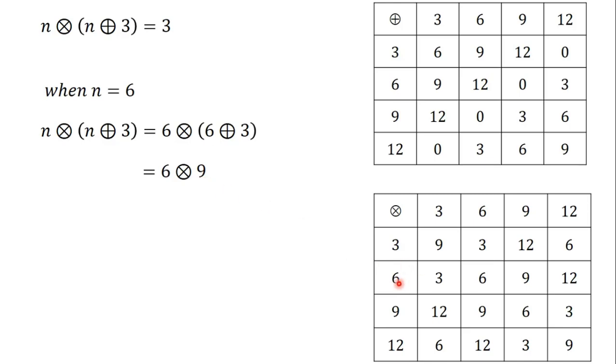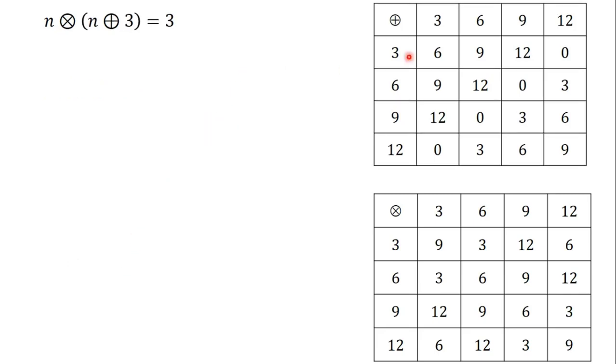From the multiplication table, 6 times 9 will give us 9. But we know that from our equation, n times into bracket n plus 3 should give us 3. But here, when n is equal to 6, 6 times into bracket 6 plus 3 will give us 9. That means that 6 will not satisfy the equation, so n is not equal to 6.